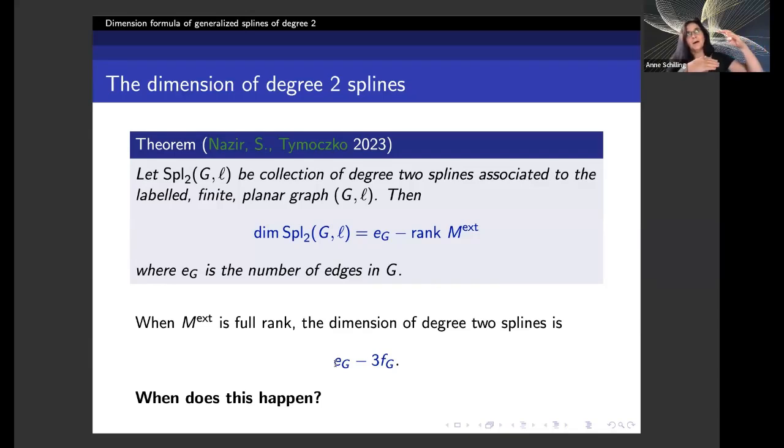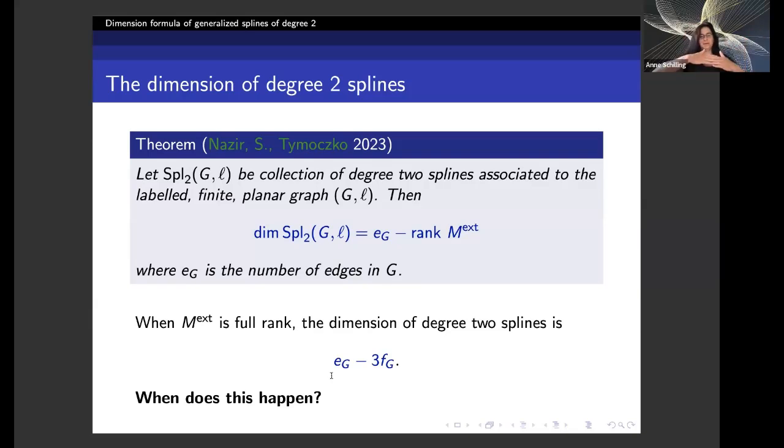So if 3F is smaller than the number of edges, then it's sort of like a short, fat matrix. And if the matrix is full rank, then the rank would be 3F. Therefore, in this case, the dimension of the spline would be E minus 3F.